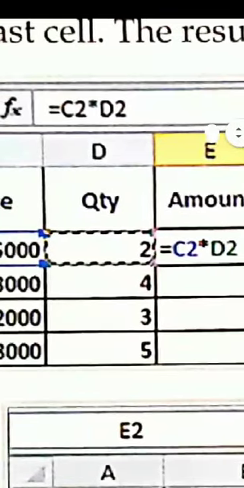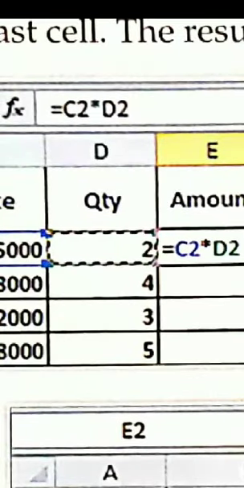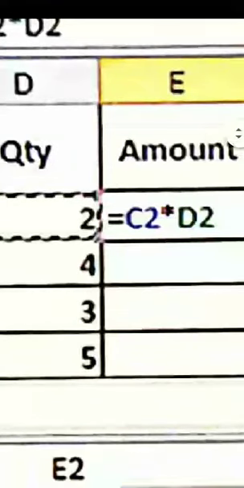If you write the formula again for E3, at column E and row number 3, you will write again equal to C3 into D3. In such a way it will take too long.